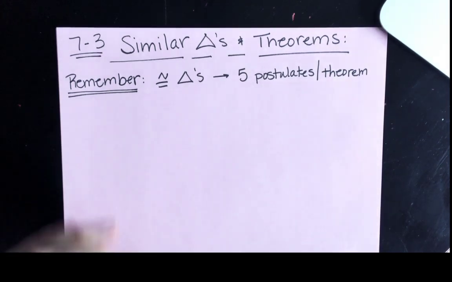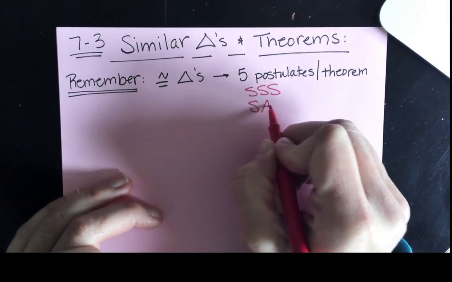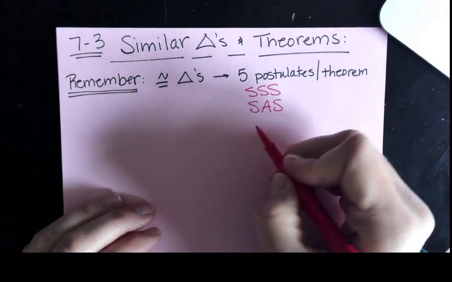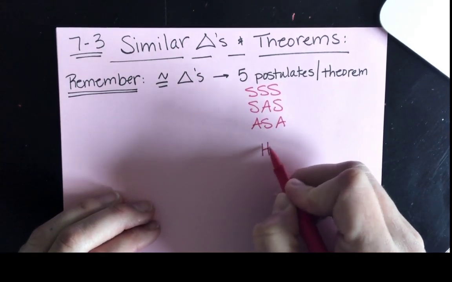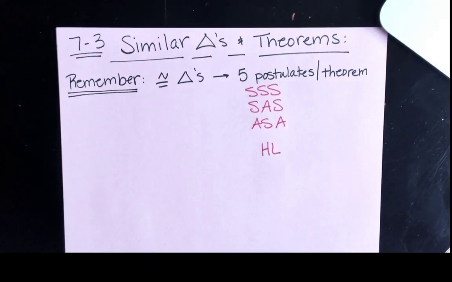Yay, side, side, side, side angle, side, good. Anybody else have any other ones? Yay, angle, side, angle. I'm going to leave a space as a hint because there's one more in there that I would typically put in that order.